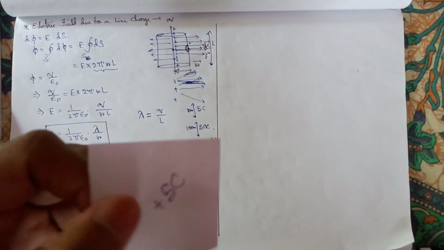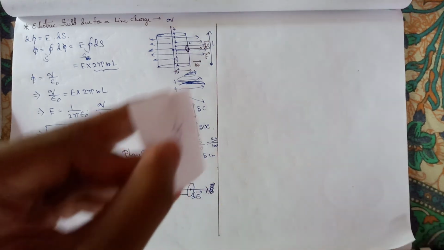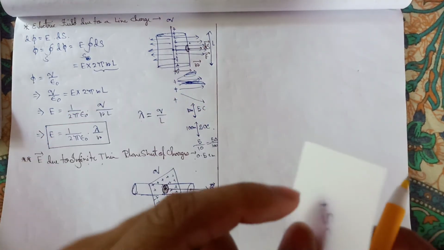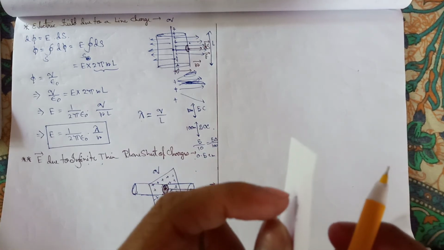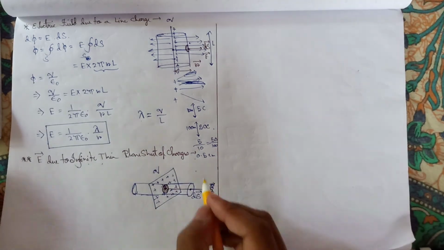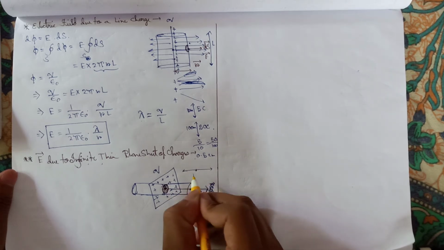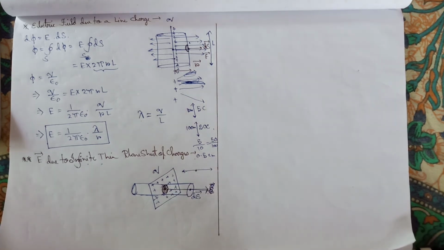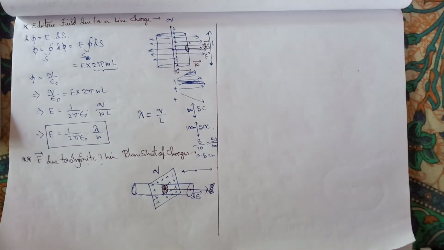So electric field lines for this plus 5 coulomb charge will be from here to here in the right hand direction, and the electric field lines for this left hand plus coulomb charge will be in the reverse direction, because we all know for a point charge the electric field lines are radially symmetric, they go in all directions.